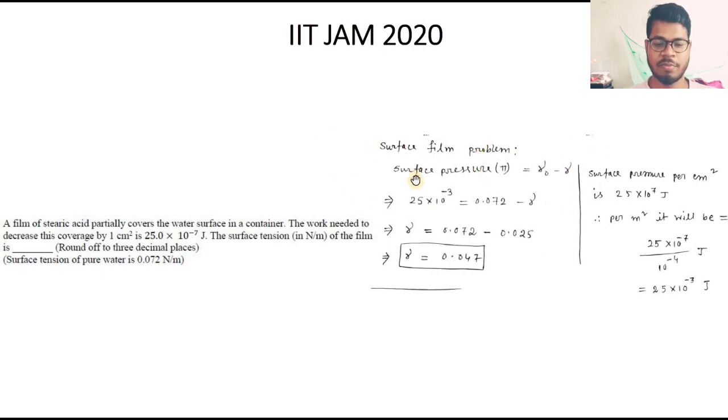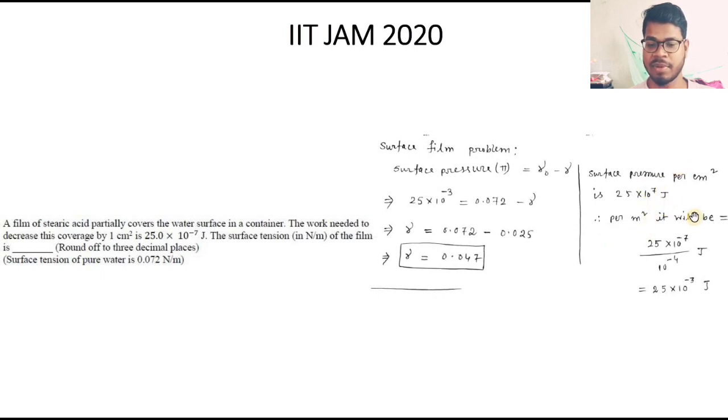So what you need to do is just put in the value of surface pressure, and the surface pressure per centimeter square is this, in SI unit. Joule is in SI unit, and they're asking the answer in Newton meter, that is SI unit, while it is given per centimeter square. So you just need to play with the units. You just have to take care of the units. So the surface pressure per centimeter square is this amount of joule.